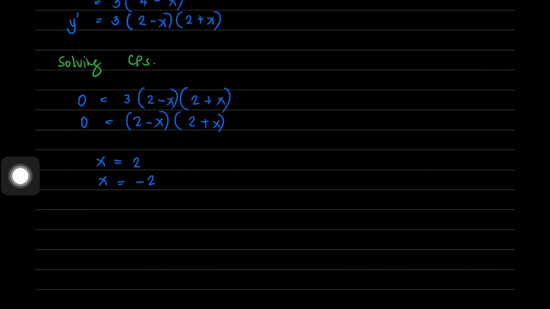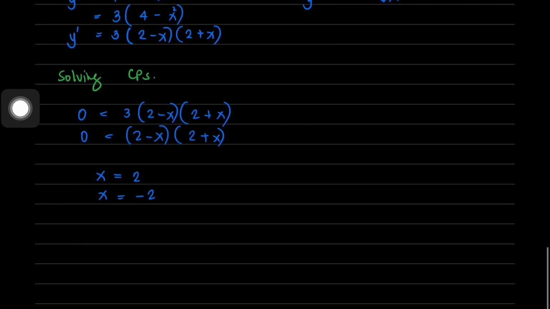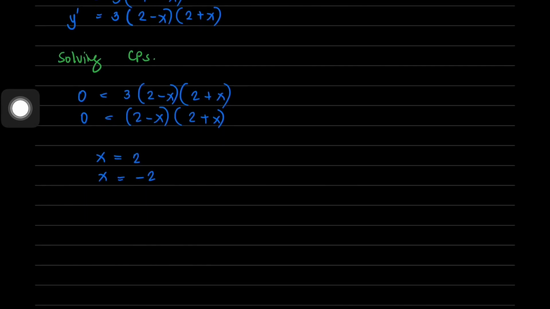Now, solving for the y coordinates of the critical points, we're going to substitute these values of x into the given function. Let me just rewrite the given function here: y equals 2 plus 12x minus x cubed.